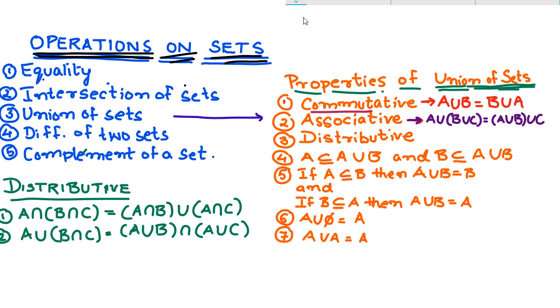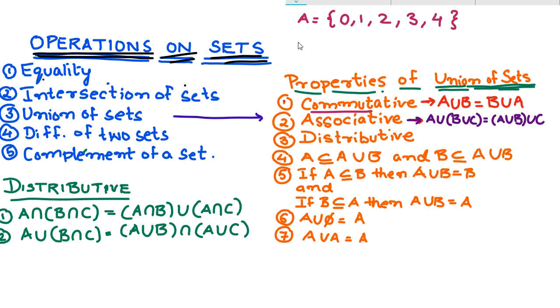So let us again take an example. You have A, so I will take, say, 0, 1, 2, 3, 4.